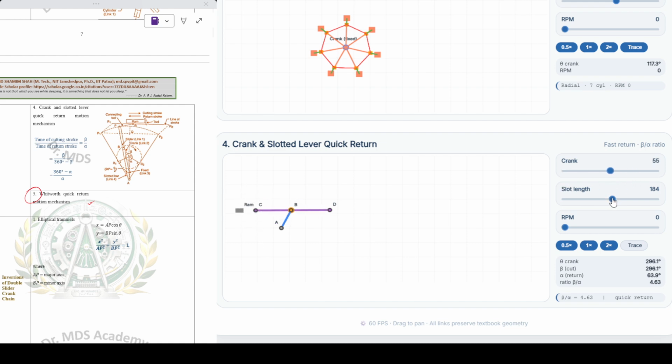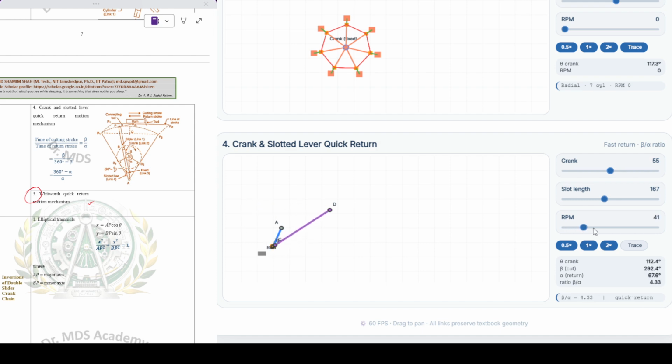Similarly, the stroke length is what? This D to C is our stroke length. Similarly you will find it here also. This is our crank and this is our slot length. Similarly you will find slot length here also. Here is the ram. Similarly you will find the ram here also, moving horizontally. When it is moving right, cutting is to the left, means return is to the right.